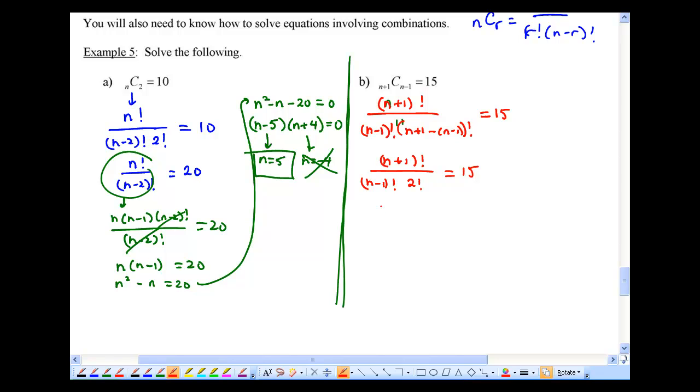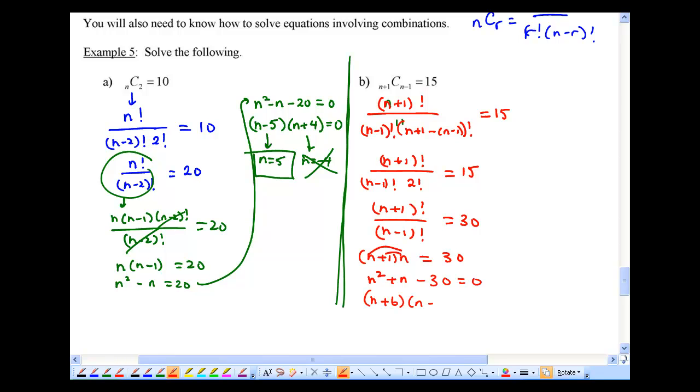Well, that's 30, so that's n plus 1 factorial over n minus 1 factorial equals 30. Now it's n plus 1 times n. That's what's left over. I'm skipping a few steps because I'm hoping that you are doing this yourself. I think in this case n also equals 5.